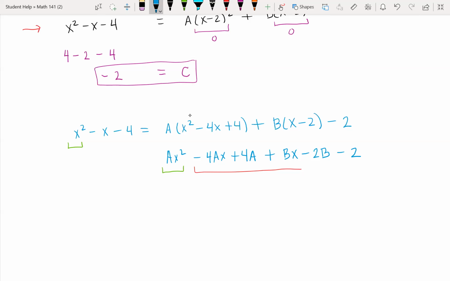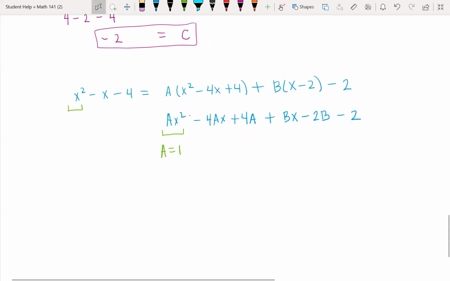Ax squared minus 4ax plus 4a. There we go. I need to rearrange those then. The only thing that has a square in it is this ax squared. So I feel confident at this point saying that a is equal to 1, right? Because it's got to match up with what's over there on the left-hand side.